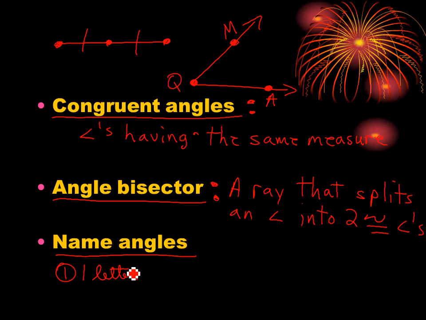How would I name that angle with one letter? Angle, making sure you use a symbol, Q. Don't forget the symbol for an angle is a little angle. So that's one way to name that angle.